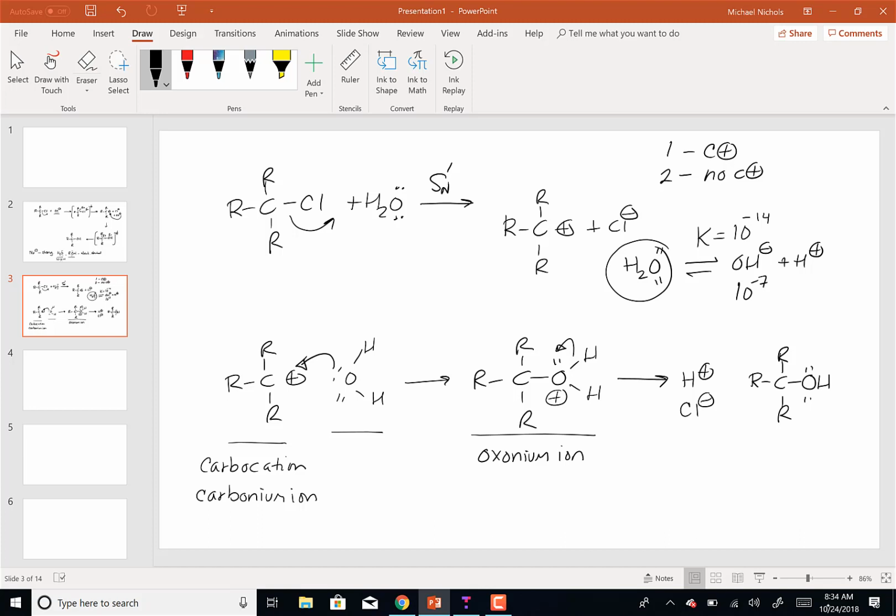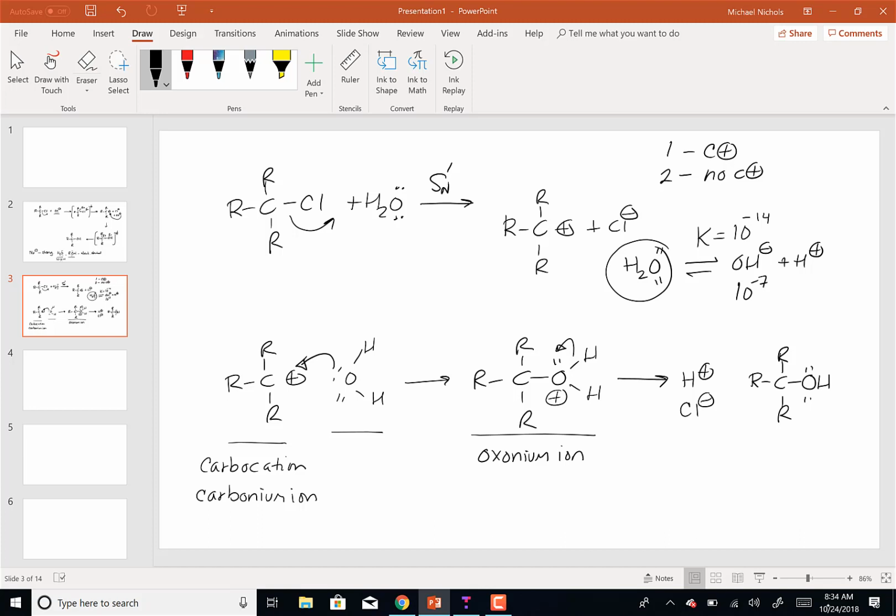But when it's in water, the HCl just dissolves and you end up with H plus and Cl minus. So that's a little bit more complicated SN1, but that's how SN1s work with neutral nucleophiles.